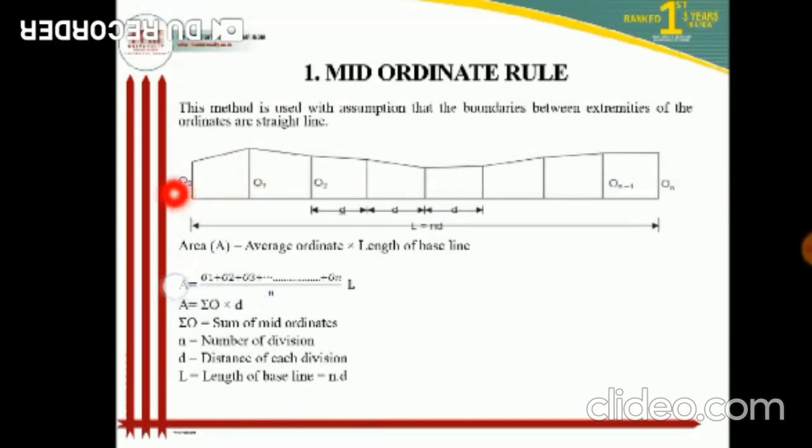Suppose O0 is 1 and O1 is equal to 2. So 1 plus 2 divided by 2 is equal to 3 by 2, meaning 1.5 is your first offset, and this is 2 and this is 1, so again it is 1.5. Like that we calculate the mid-ordinate of each division.